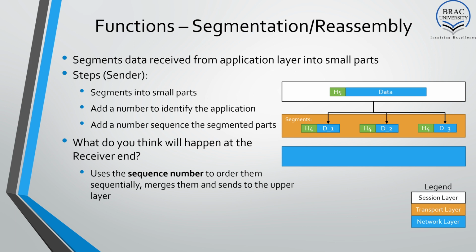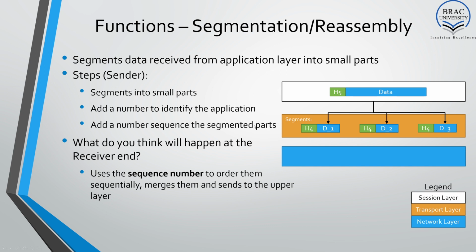Like in the segments in the transport layer, you see that I have marked them as D1, D2, and D3, right? So data 1, 2, 3. In the destination PC, it needs to be ordered in the same way, right? So they add a sequence number. Now the transport layer knows how to get these sequence numbers and put them in orderly fashion at the destination, which is called reassembly, right?